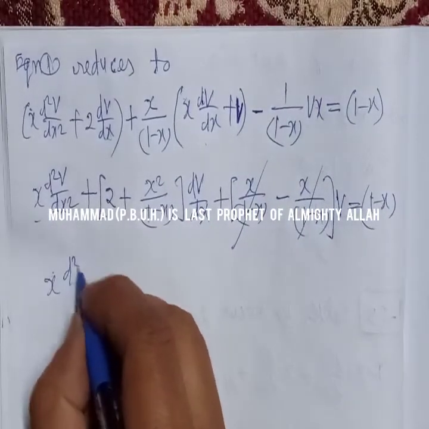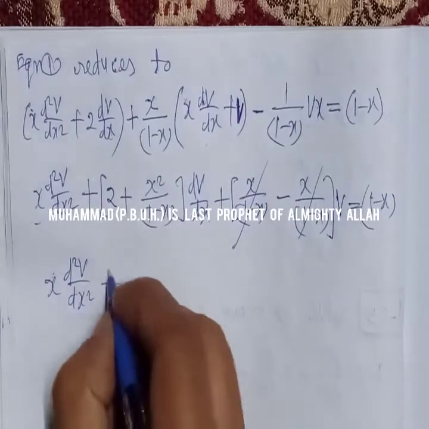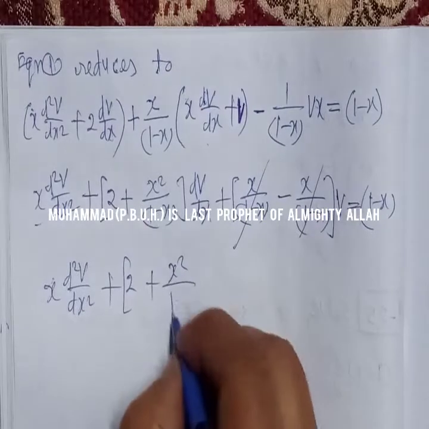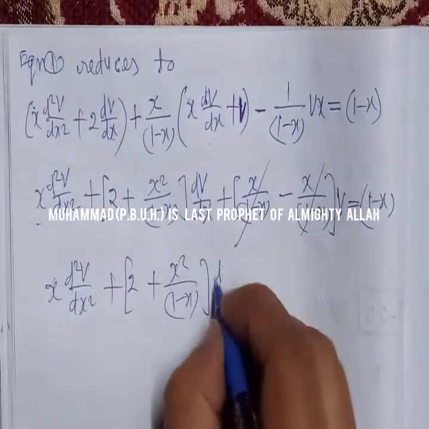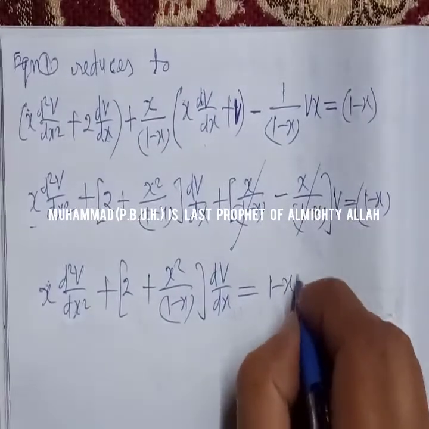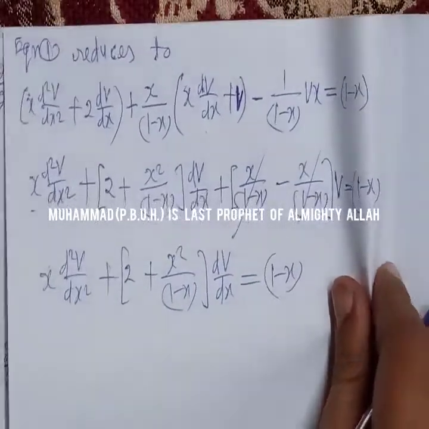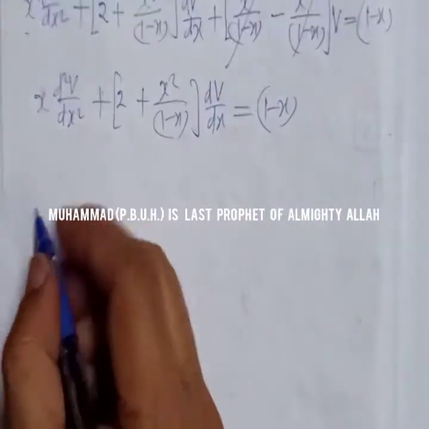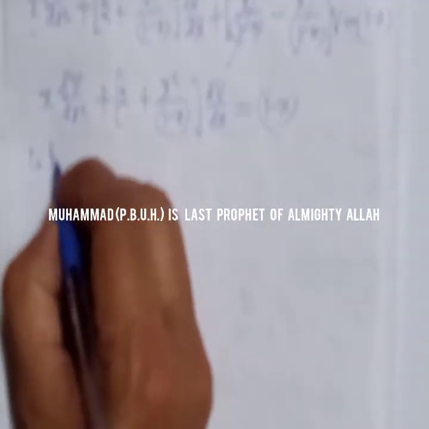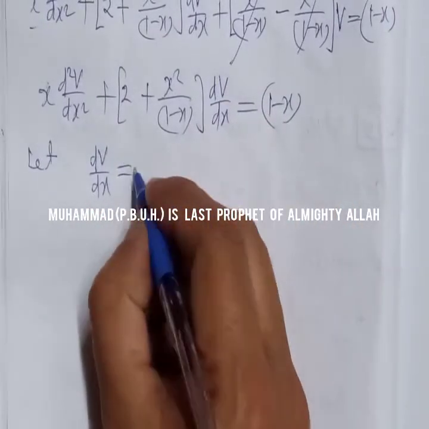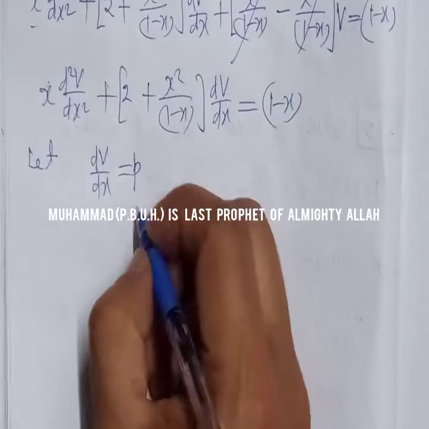x d2v over dx square plus 2 plus x square upon 1 minus x square, times dv over dx, is equal to 1 minus x. For solving this differential equation easily, let dv over dx equal to a variable p.